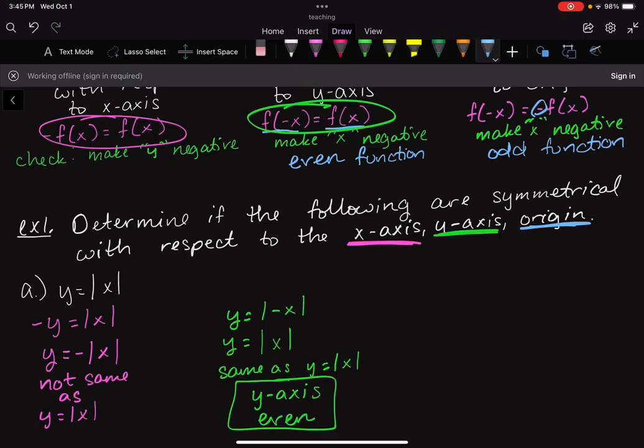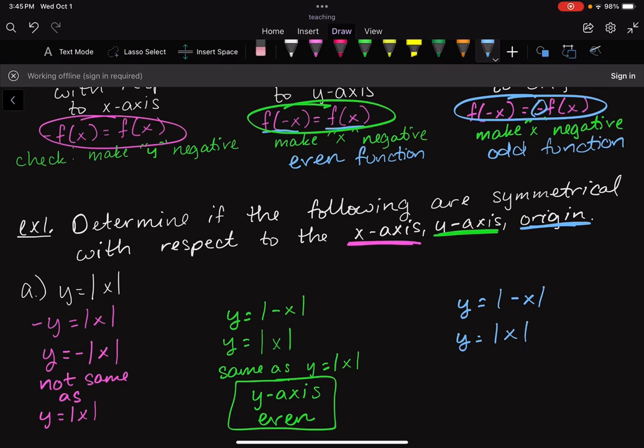And so we should see this property up here. So if I plug in a negative x, I should be able to pull that negative out to the front. Oh, sorry, I wrote it wrong. There we go. Well, the only thing that would happen is I would get absolute value of x.